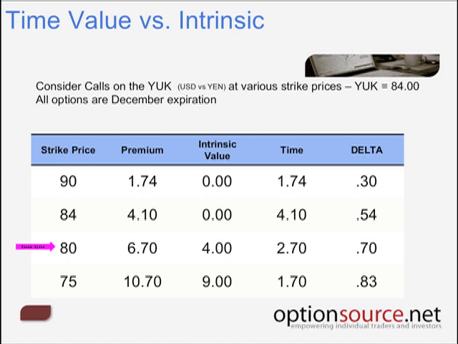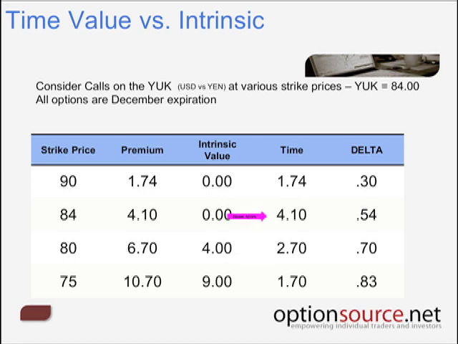But what I want you to notice here is that we're now going into the money. We're looking at the 80 strike option contracts, which are essentially $4 in the money. Now we're going to have to pay a higher premium, but what we've done is buy $4 worth of intrinsic value, which has mitigated the time component down to $2.70.